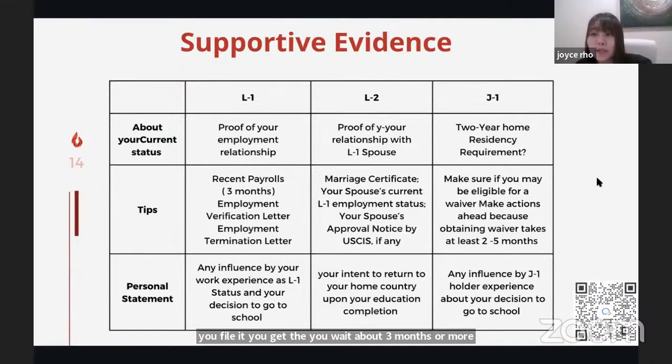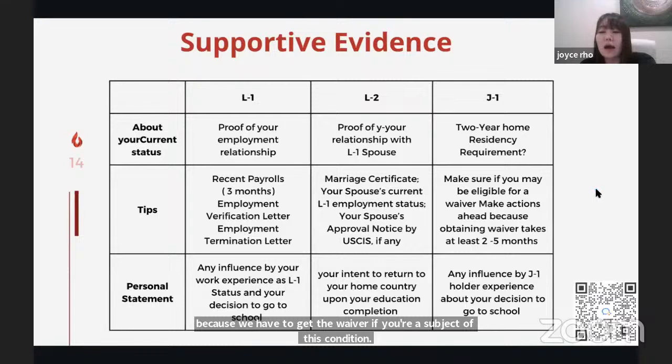So if you are thinking of a change of status as a J1 visa holder, I recommend taking action ahead of time, because we have to get the waiver if you're subject to this condition. And in the personal statement, again, I recommend that you find some reason for studying by looking at your experience as a J1 visa holder.